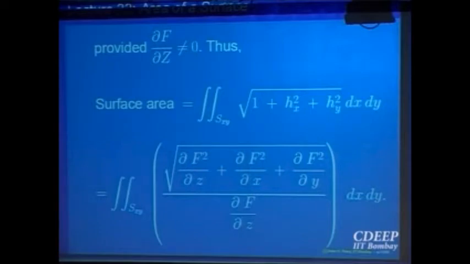One is by parameterization: the surface area is given by the norm of Ru cross Rv dA. Explicitly, the norm can be written as the square root of 1 plus hx square plus hy square. You can also write that in terms of secant gamma, where gamma is the acute angle between the z axis and the unit normal. And the third is the implicit function f coming into the picture, putting in the values of hx and hy in terms of the partial derivatives of f.